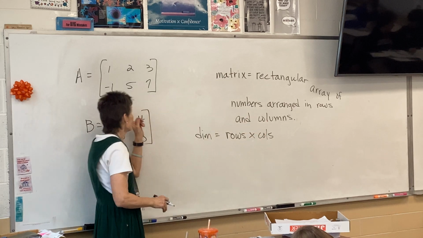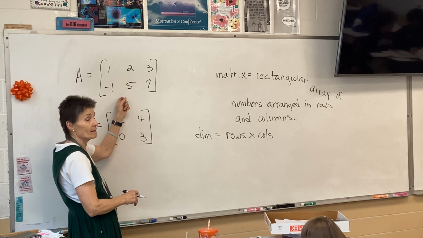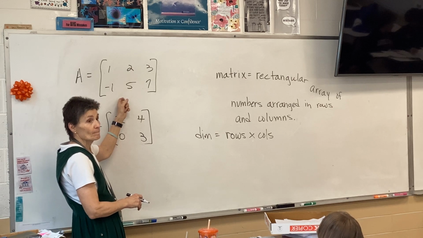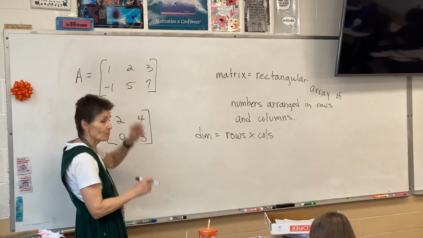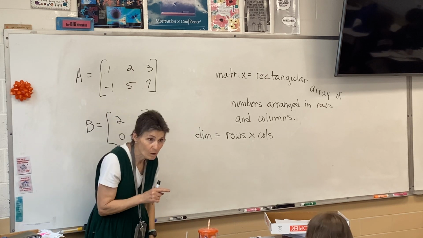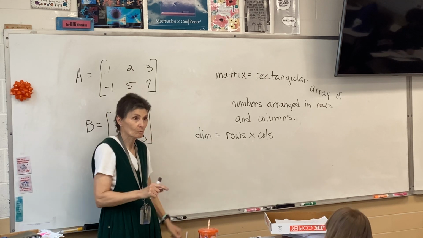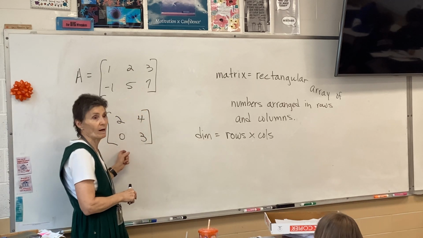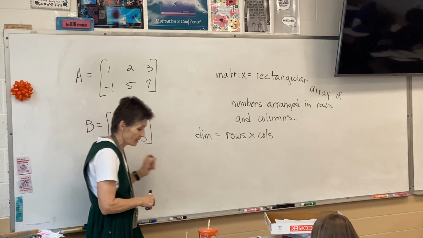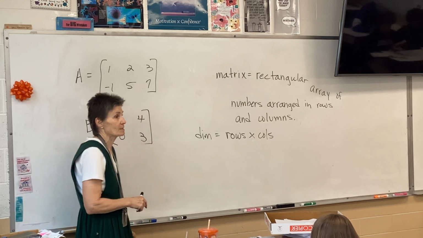So, what are the dimensions of matrix A? 2 by 3. How many rows? 2. How many columns? 3. This is a 2 by 3. Now, what's this one? This is a 2 by 2. That's what we mean by dimensions.